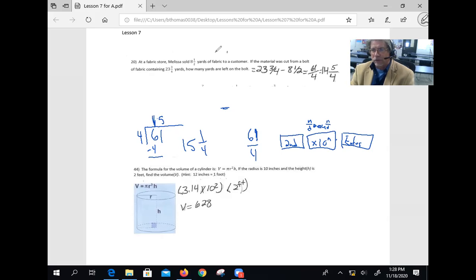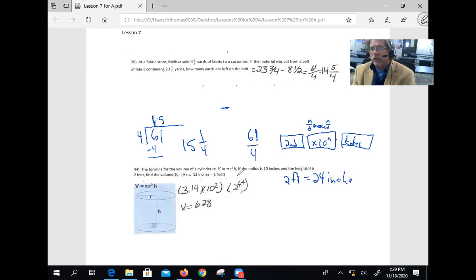There's a reason for that. If you're trying to find volume, the unit of measurement has to be the same unit. So everything either has to be in inches or everything has to be in feet. It's actually easier to change feet into inches. Since there's 2 feet, we know that 2 feet would be the same thing as 24 inches.